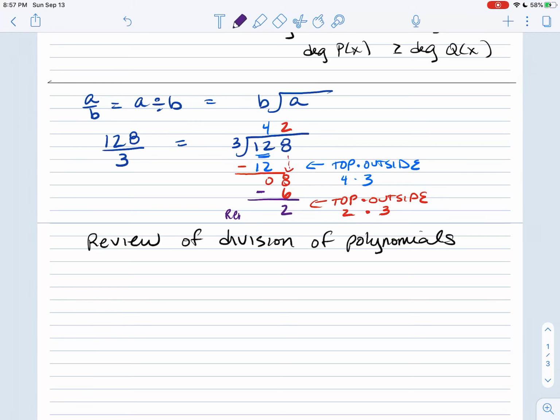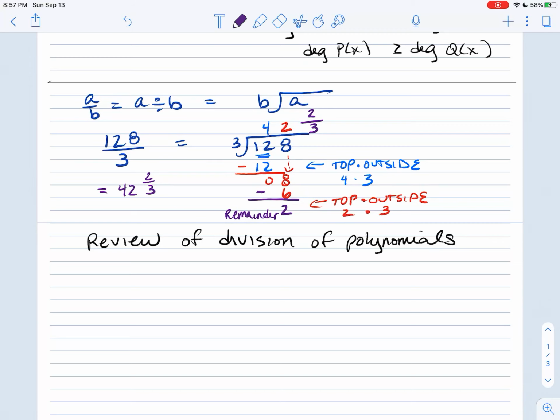This is my remainder, and what do I do with my remainder? I say that then this remainder is 2 over the outside. Right? So we can see that 128 over 3 is going to give me 42 and 2/3.